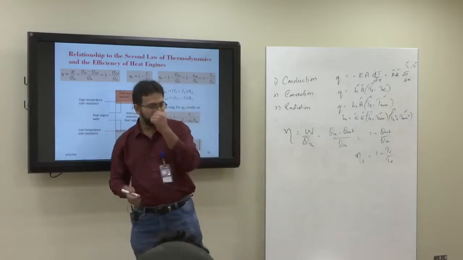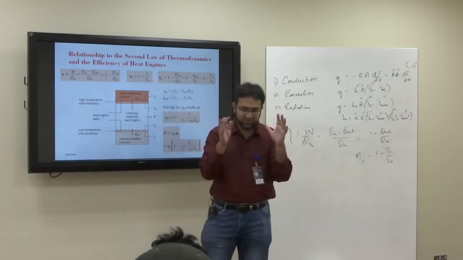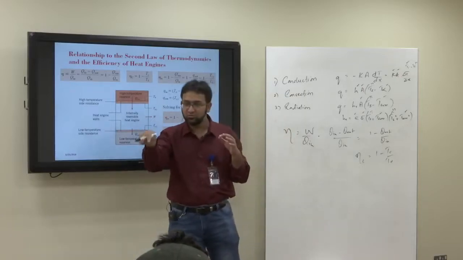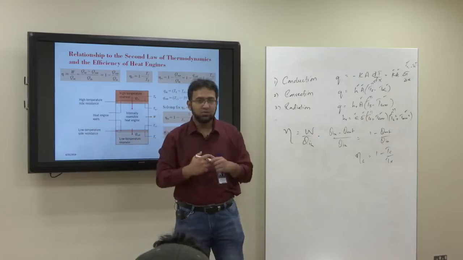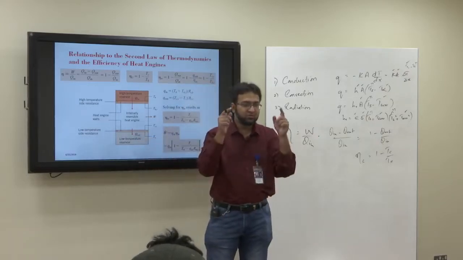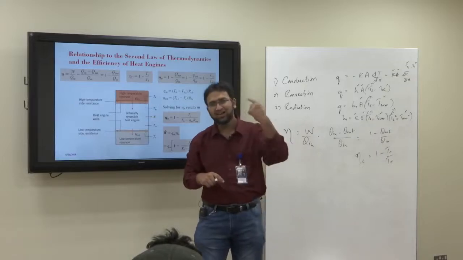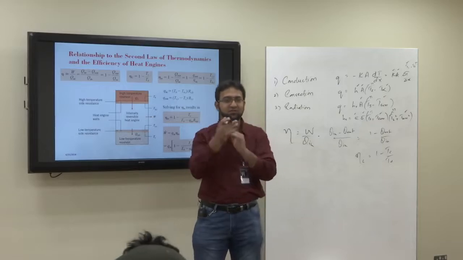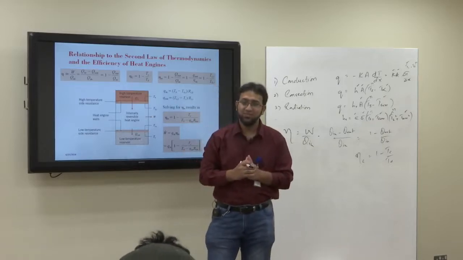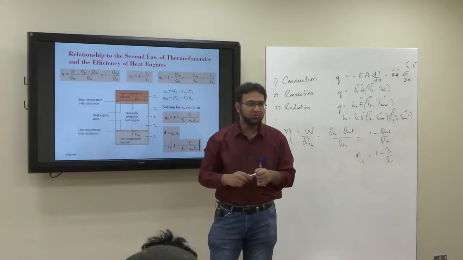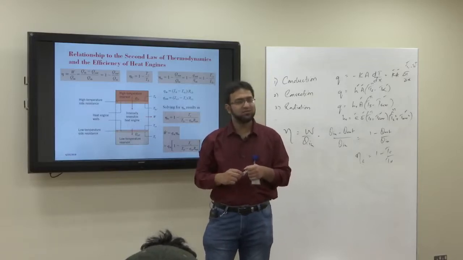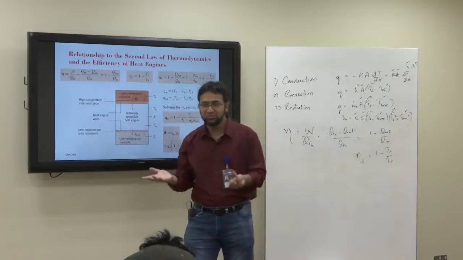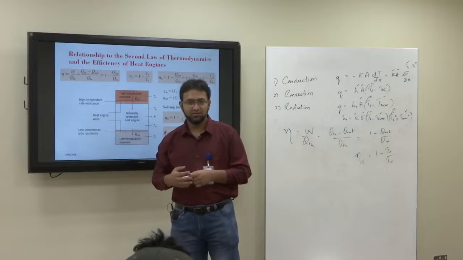If the condenser has to reject heat to the air in this room, its temperature should be slightly higher than the air temperature, because if there is no temperature difference, heat will not be rejected. So if the room temperature is 24, the condenser temperature should be greater than 24. Got it?